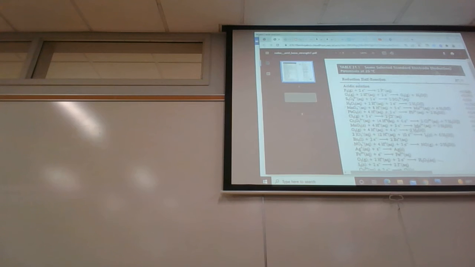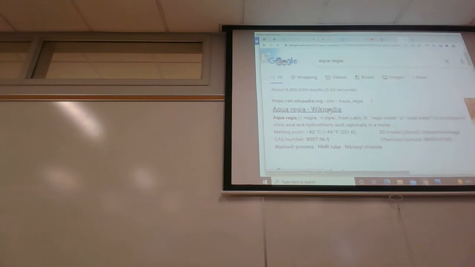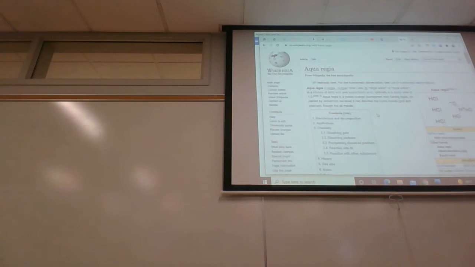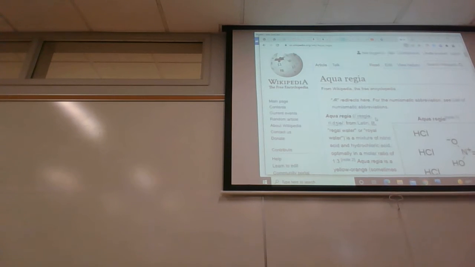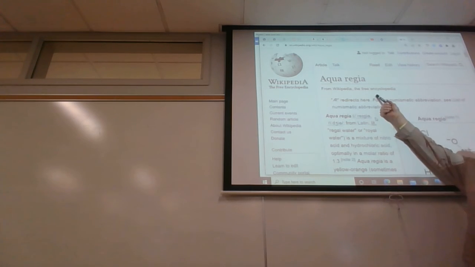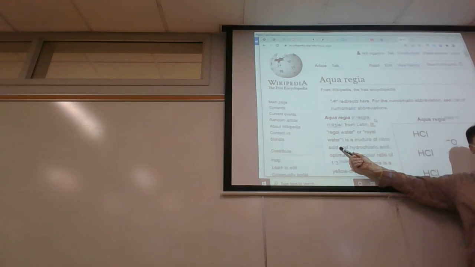But the technique for dissolving gold is this. Have you heard of aqua regia? No. Aqua regia means regal water or royal water in Latin.